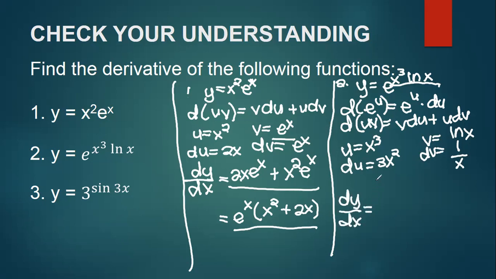So let's copy e raised to x cubed ln of x, multiplied by v du, 3x squared ln of x, enclosed in parentheses, plus x cubed times 1 over x, or x cubed divided by x, that's x squared.